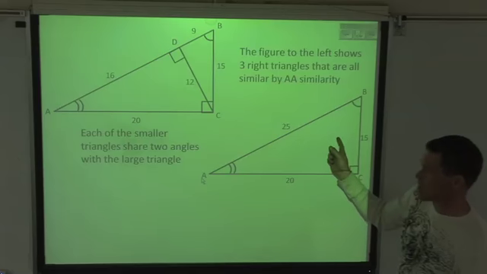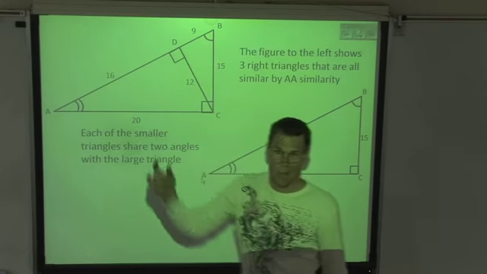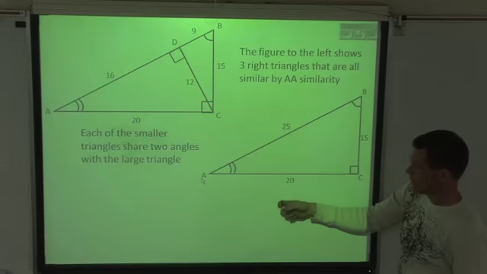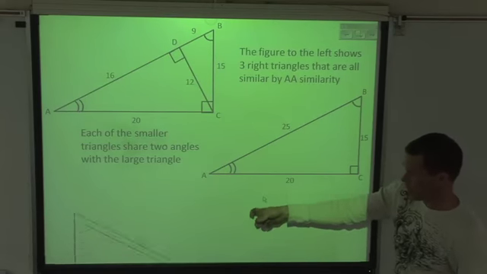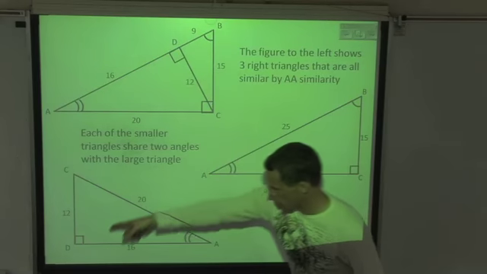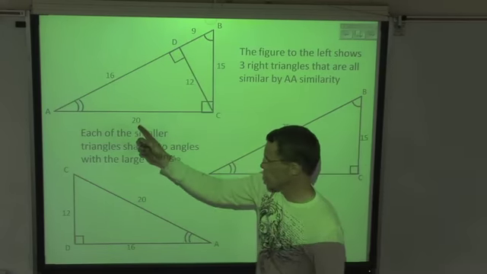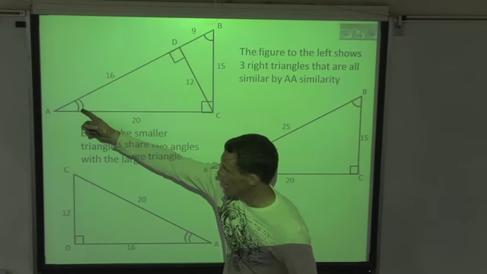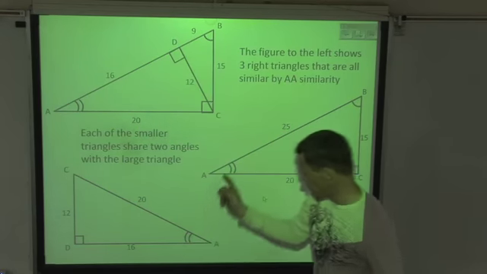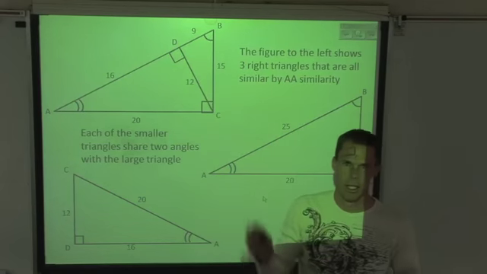For example, here's the large triangle, 15, 20, 9 plus 16 is 25. Here's the medium triangle. Now the medium triangle has to be flipped around so that D is down here. 12, 16, 20. Now, this angle A is definitely in both of these triangles, and both have a right angle.